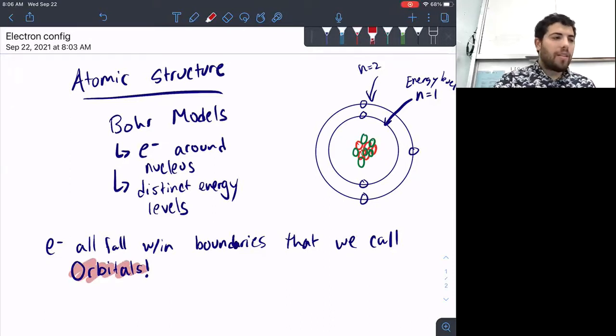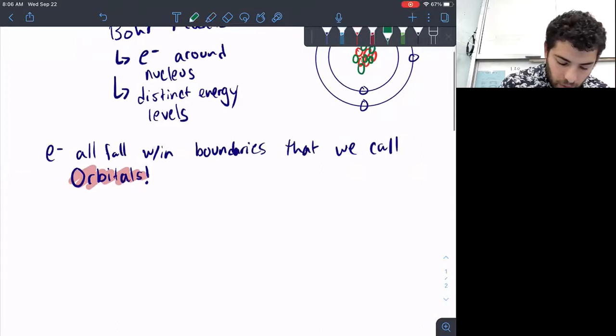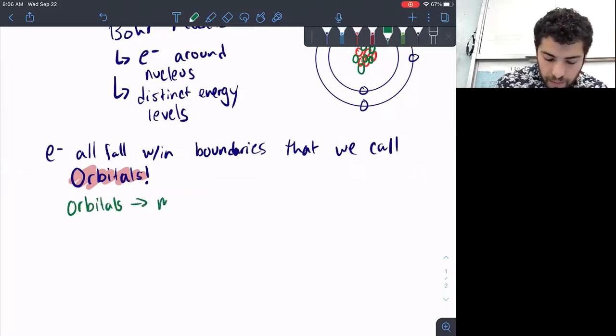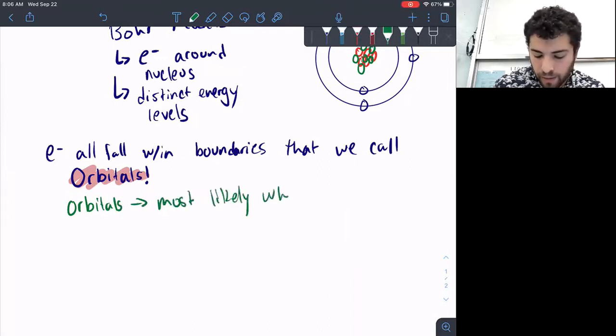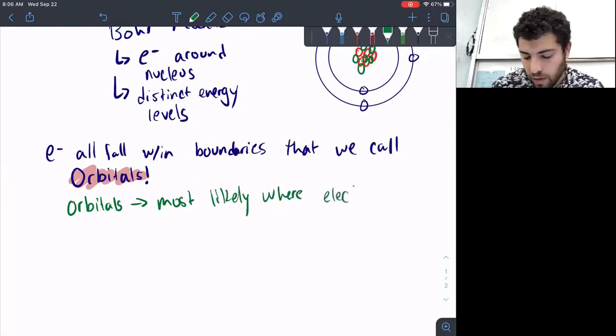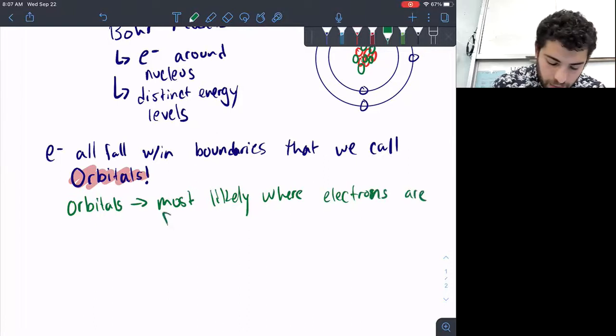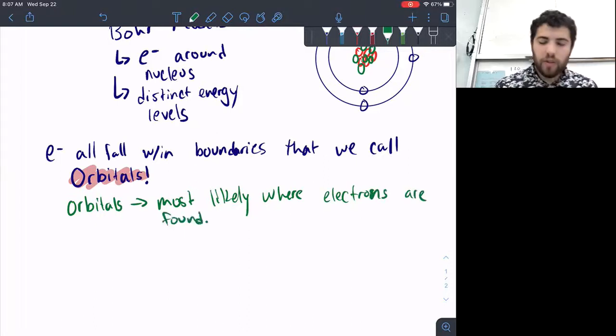Now, orbitals don't necessarily say electrons will always be here, but the one key thing about orbitals is this is most likely where electrons are found. Because electrons move around, so they're not always in one place, but most of the time they're going to fall within their orbitals.